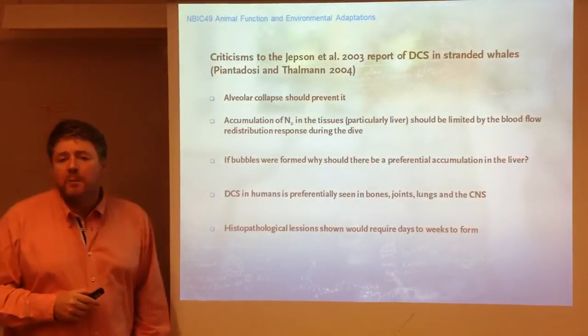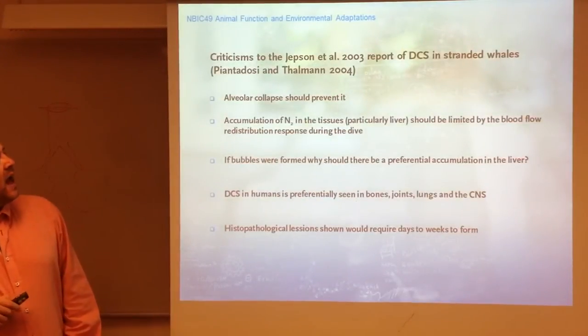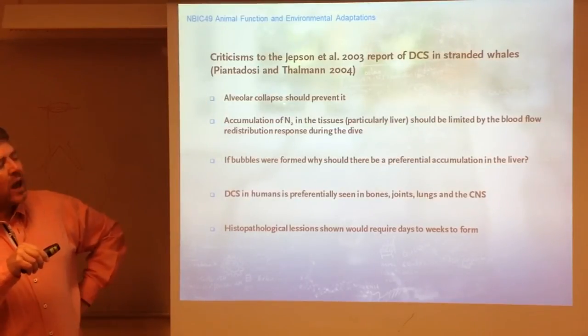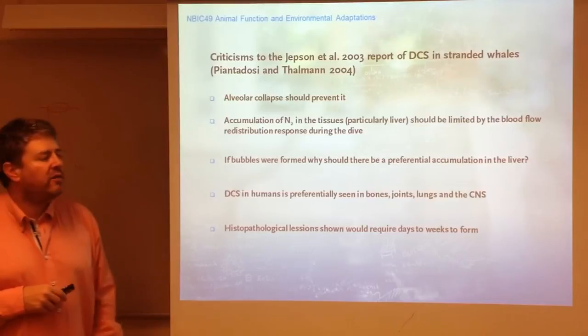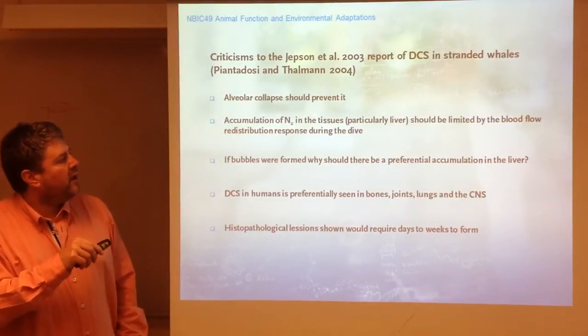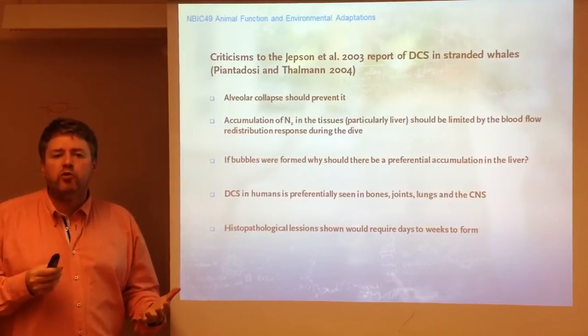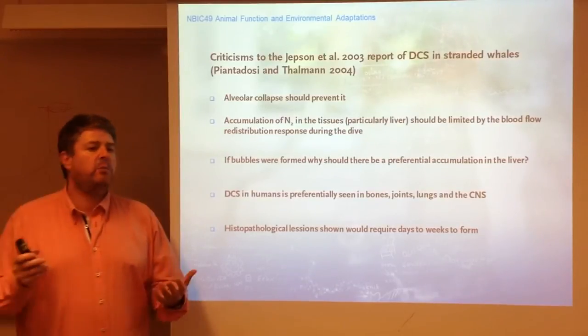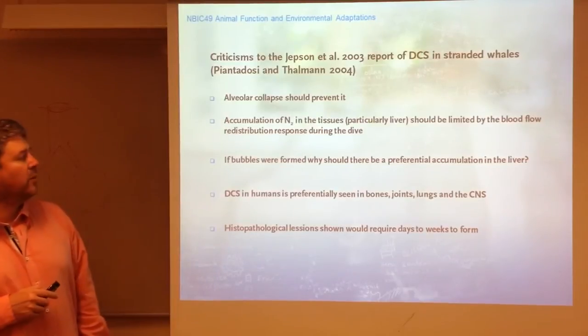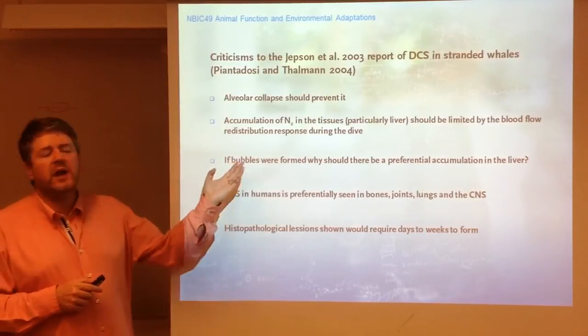Of course, there were some criticisms of this paper, and they go along with what we have already said: if the lungs are collapsed, there should not be any decompression sickness. If the nitrogen was accumulated in the tissues, the liver would be the last place it would accumulate, and that's where they showed the largest bubbles. Why would they accumulate in the liver preferentially?